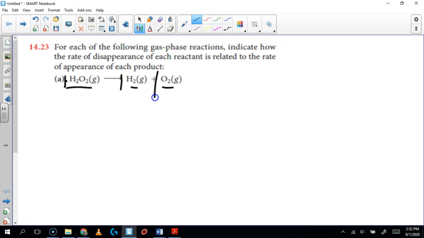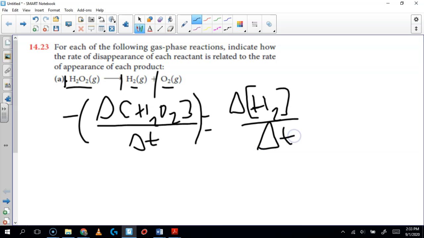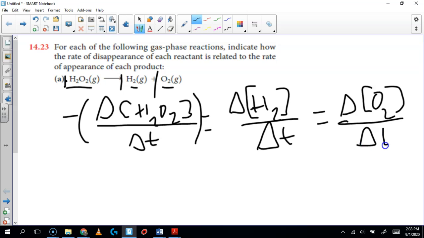Okay. So for part A here, the rate is going to be negative times the change in concentration of H2O2 over the change in time, and that's going to equal the change in the concentration of H2 over the change in time, and that's going to equal the change in the concentration of O2 over the change in time.